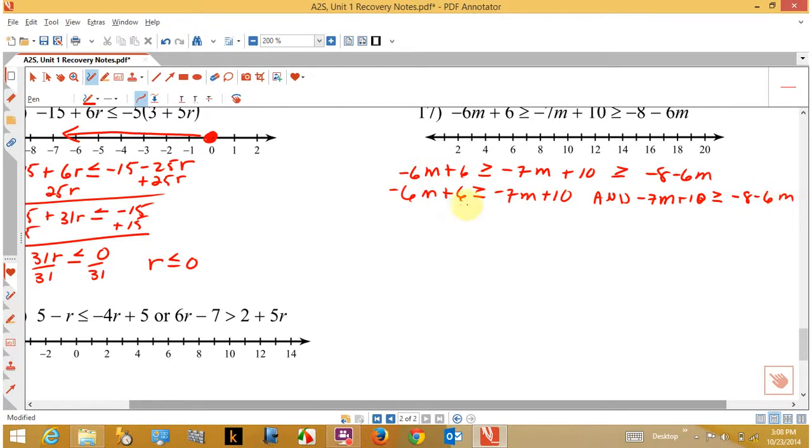So let's start on this side. I'm going to add 7m to both sides, and that gives me m plus 6 is greater than or equal to 10.